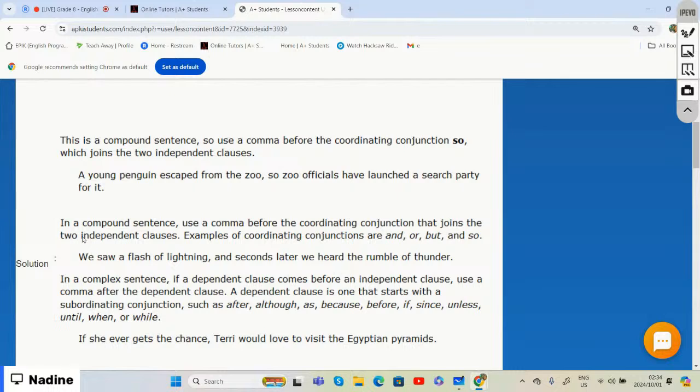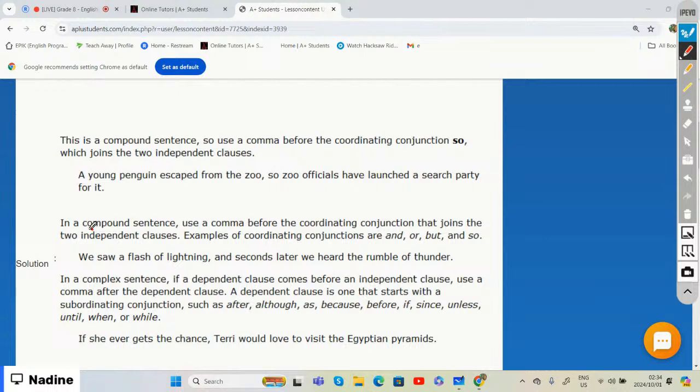All right. So in a compound sentence, once again, we use a comma before the coordinating conjunction. And remember, I said a coordinating conjunction joins the two independent clauses. Independent clauses are basically two completed sentences.